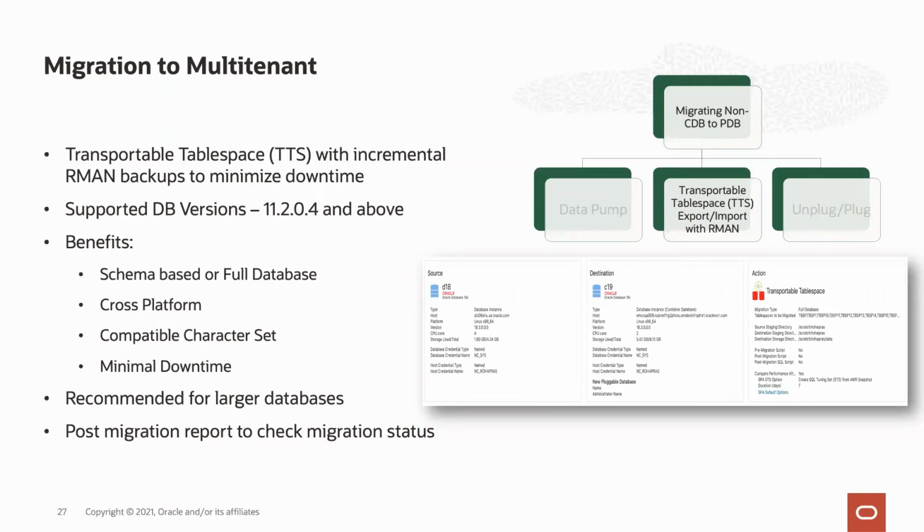It supports cross-platform migrations, and supports compatible character sets with minimal downtime. You can choose to migrate only the tablespace, or you can choose to migrate the entire database. And the TTS method is recommended for databases of large sizes.